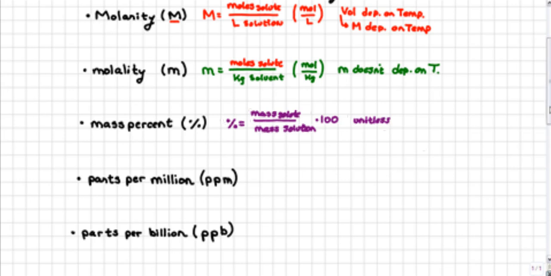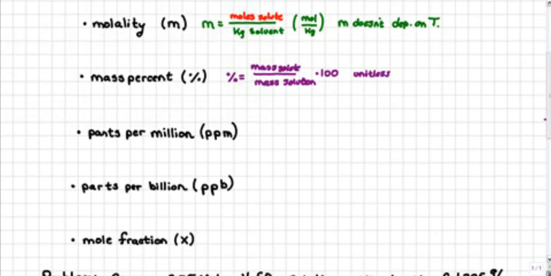Now, we have several different situations that can develop. When concentrations are quite low, it's sometimes better to report them not in mass percent, but in parts per million. And you'll recognize that the parts per million recipe looks a lot like the mass percent, namely that we have the mass of the solute divided by the mass of the solution. That part of the recipe is exactly the same as that recipe we used for mass percent, but here's the difference.